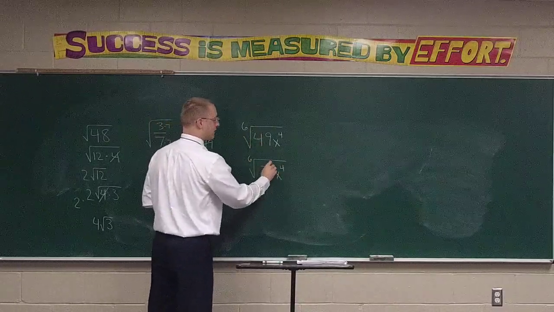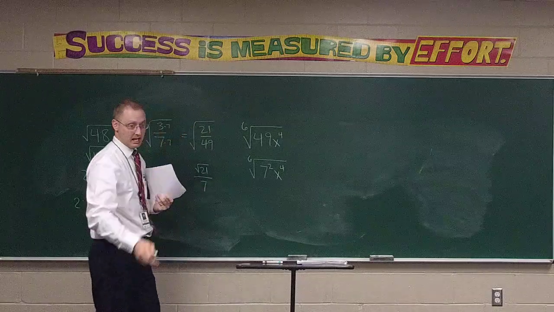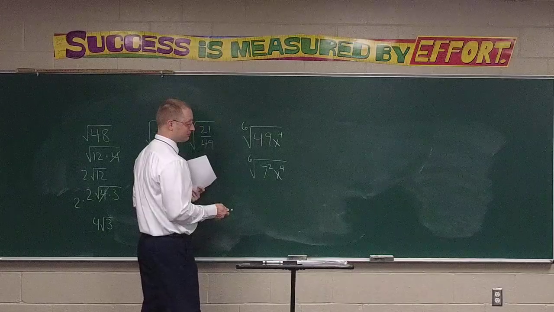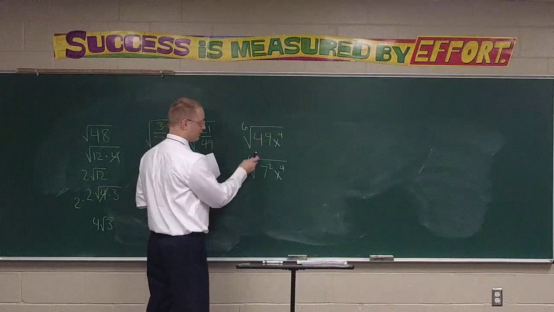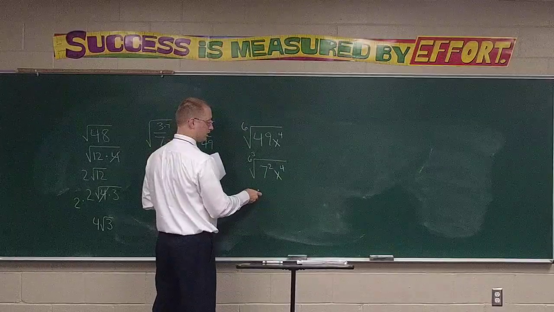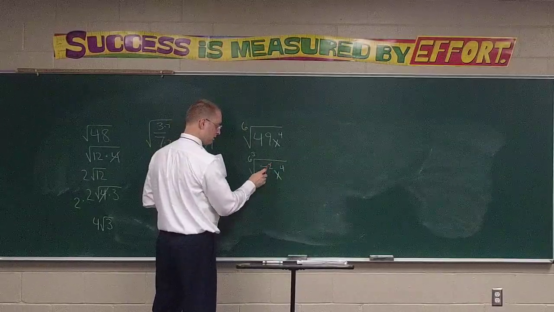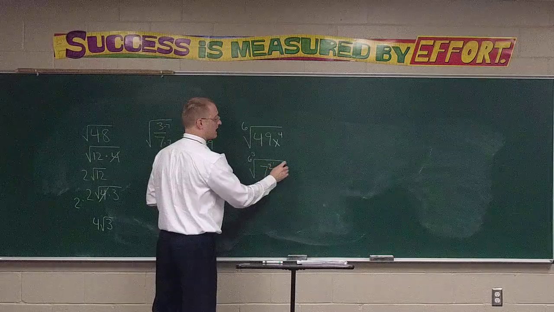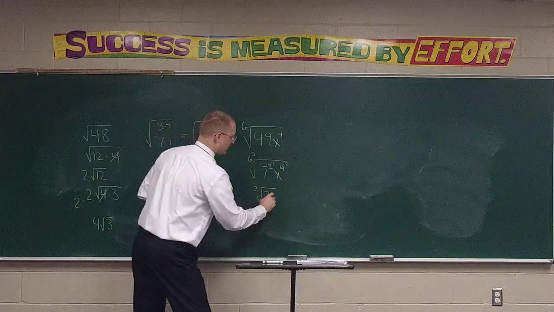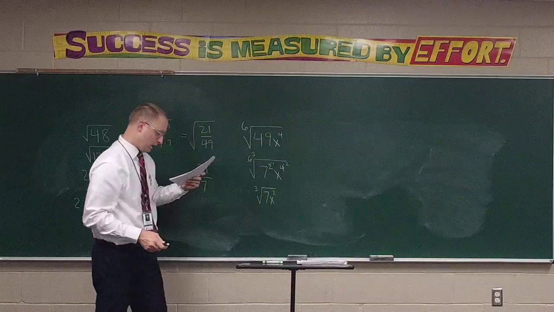So we rewrite it as 7 squared, as Noah said, and then we can reduce what? There we go. Take a 2 out of the index and all the exponents, and we end up with the cube root of 7x squared.